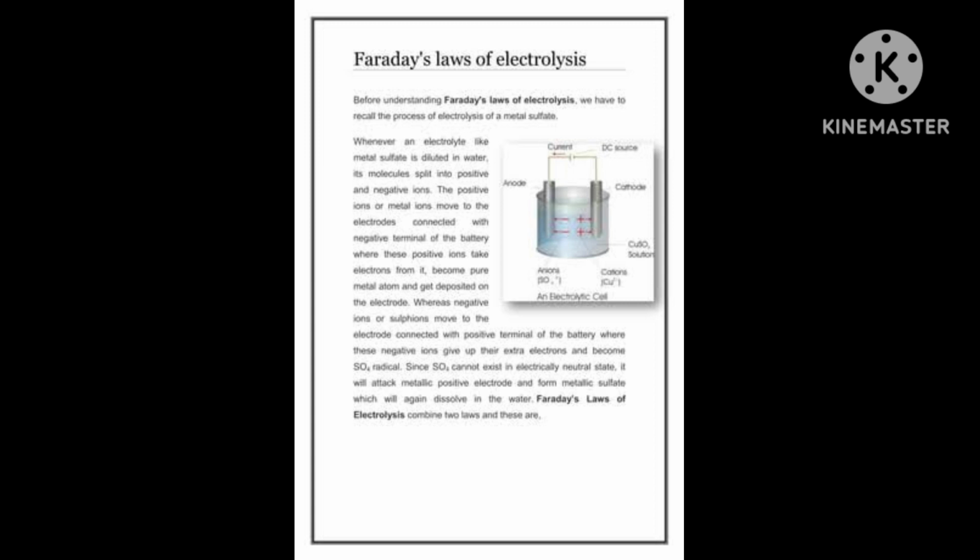And the other thing it also depends on is the type of electrodes being used. Products of electrolysis depend on the nature of material being electrolyzed and the type of electrodes being used. These two things are very, very important.